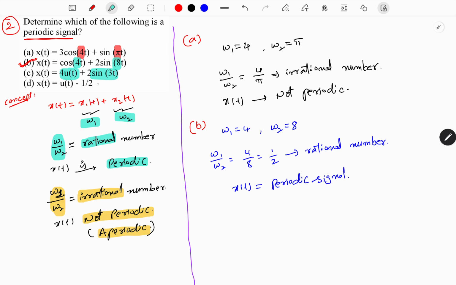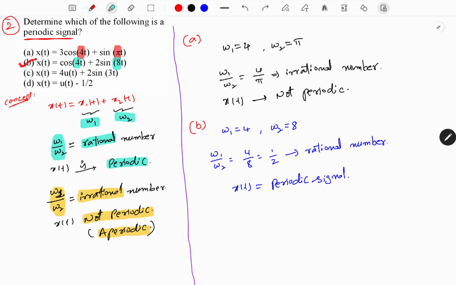These two are different. Calculating the angular frequency for the unit step is difficult, because the time period is infinity for the unit step signal, so the angular frequency is almost 0. For D also, a unit step function is involved. So these two options we will discuss by the graphical method.